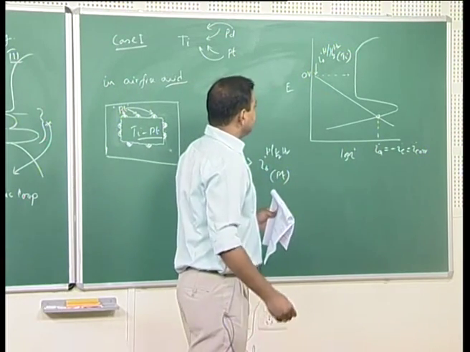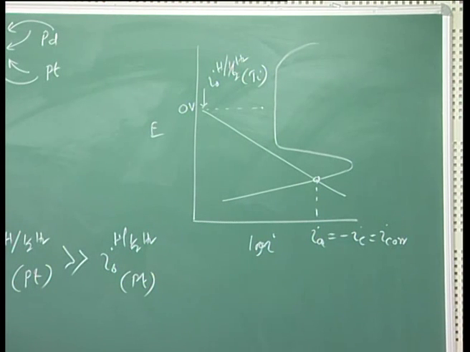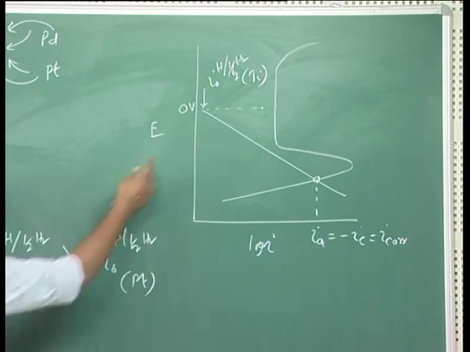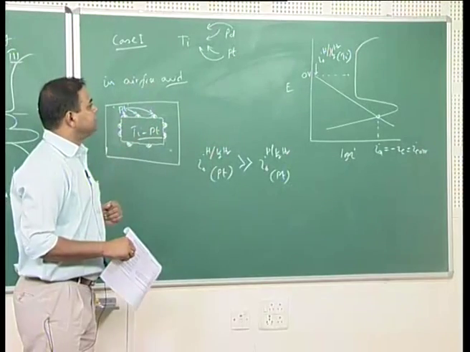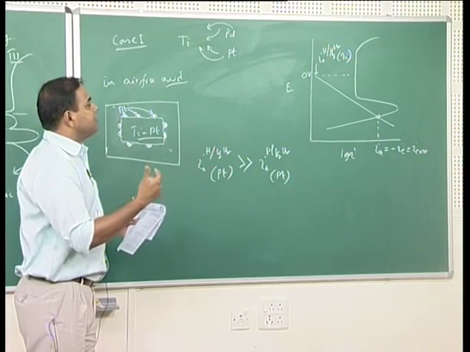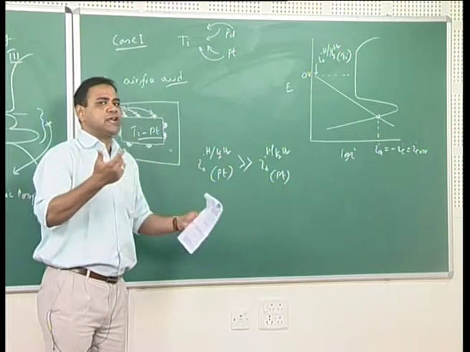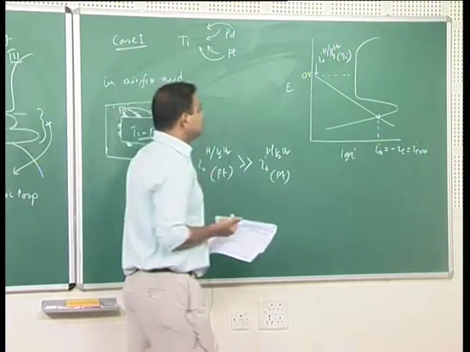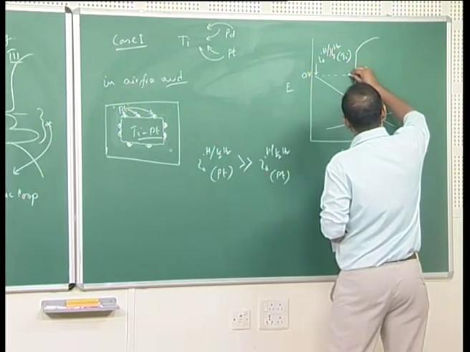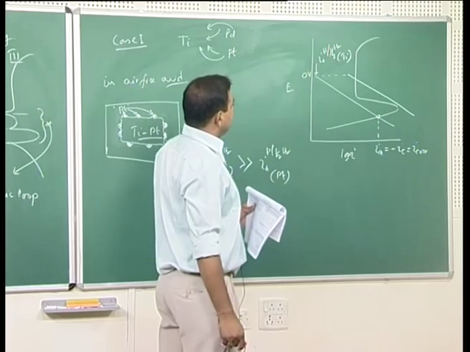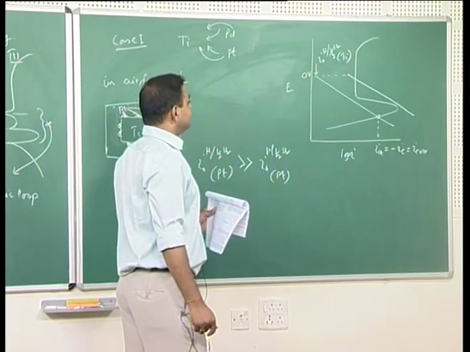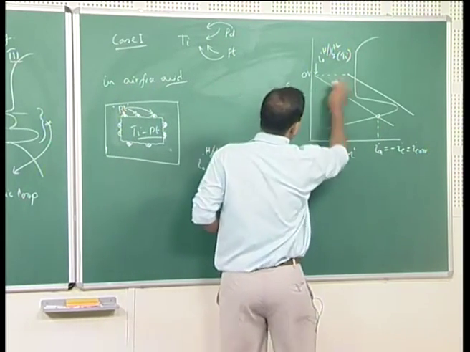Now, from there my polarization line will start, but since you have this reaction also going on parallelly on the titanium surface, finally you have to see what would be my total cathodic reaction rate. This is my cathodic reaction on platinum, and you have to add this thing.